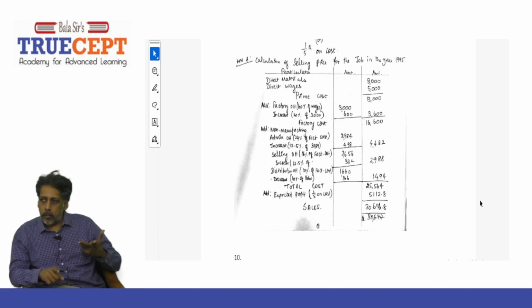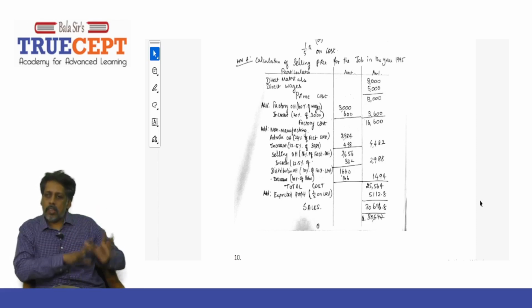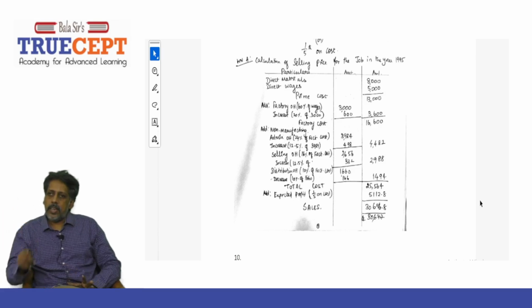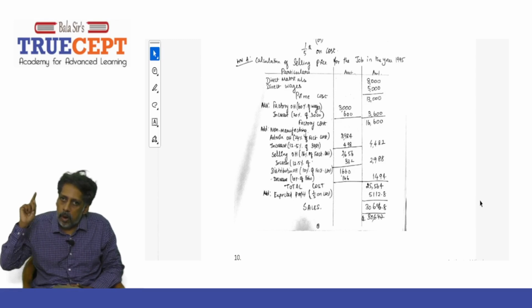Because you have been asked to fix the selling price. Refer to the next step. My statement of calculation of selling price for job in the year 1995 is nothing but your cost and profit for the year 1995 for this particular job or the work order.